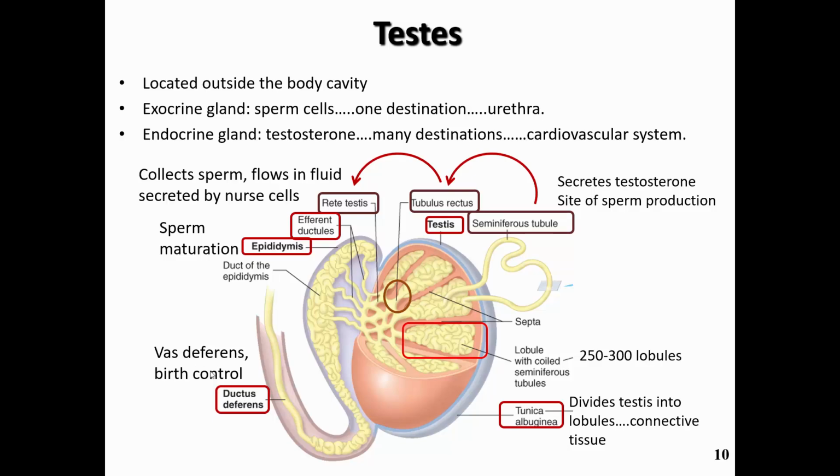These two terms are used interchangeably, and this is the site of birth control in males, known as a vasectomy, where the ductus deferens is surgically severed and ligated. That prevents the passage of sperm cells, the reproductive cells, through the ductus deferens.